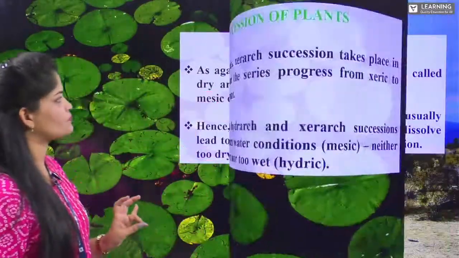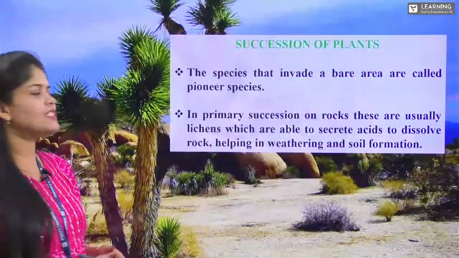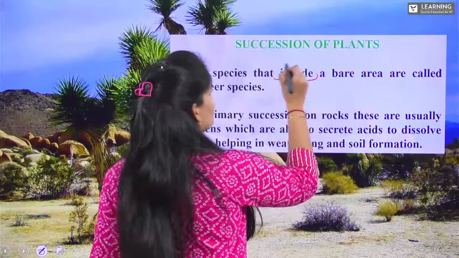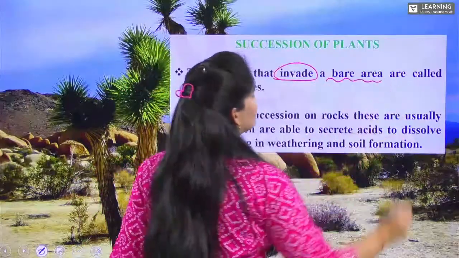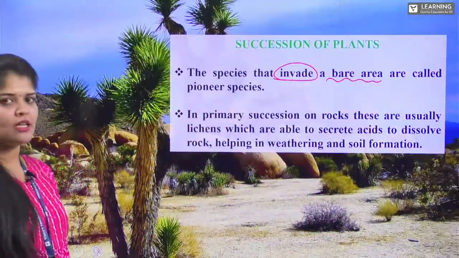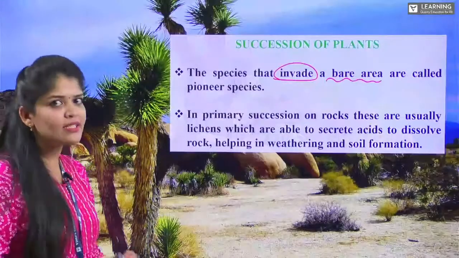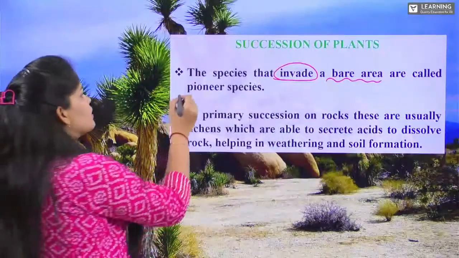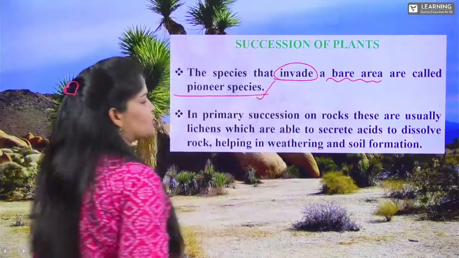Simple. Now, here, the species that invades a bare area, that means primary succession. The first species that is going to invade these bare areas are nothing but pioneer species.